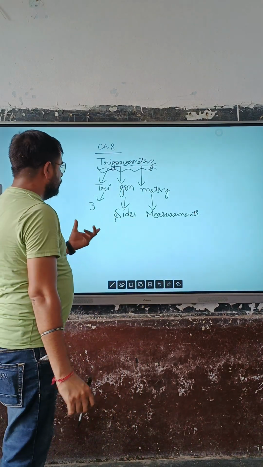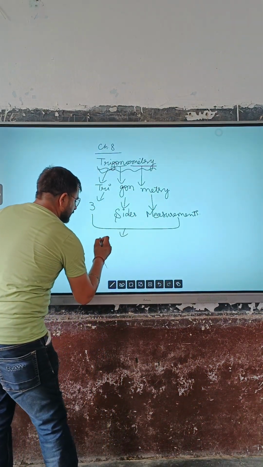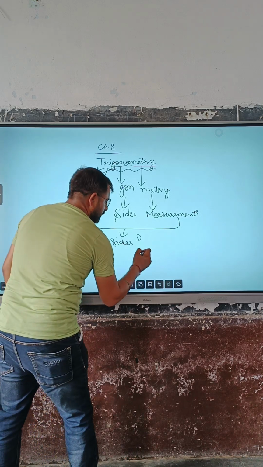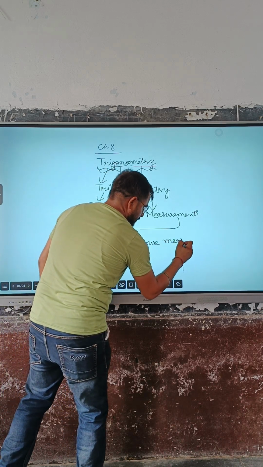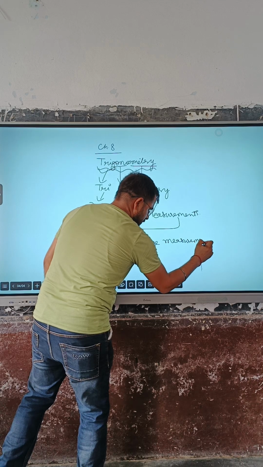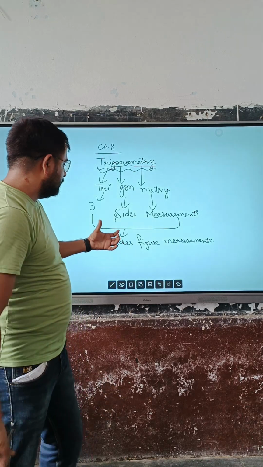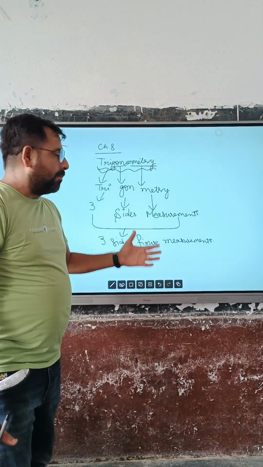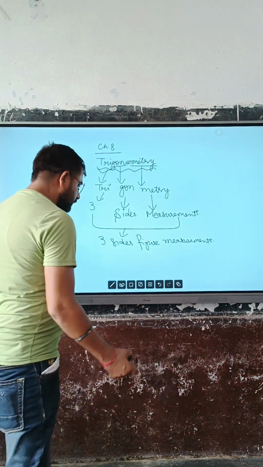So when we collect these words, we get three-sided figure measurements. Three-sided figure measurement is under the topic of trigonometry, and a three-sided figure is a triangle.